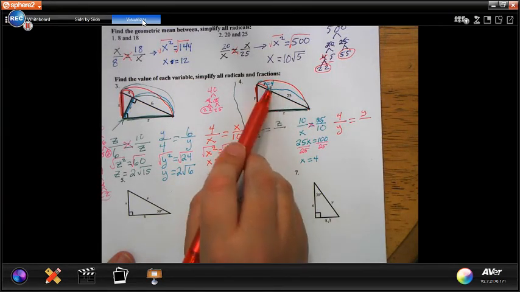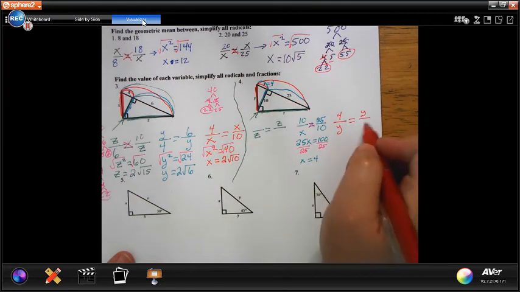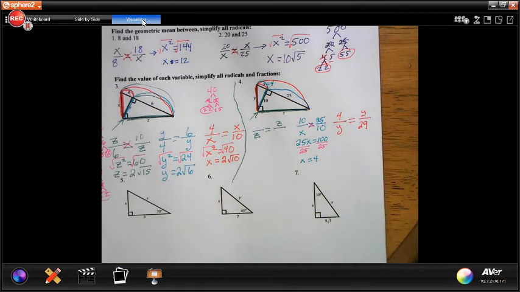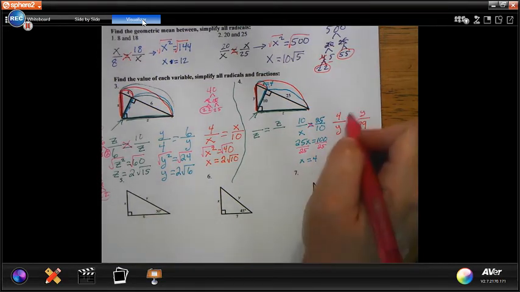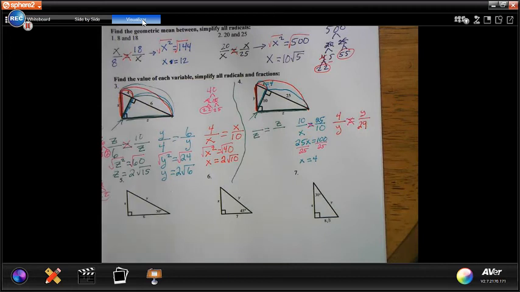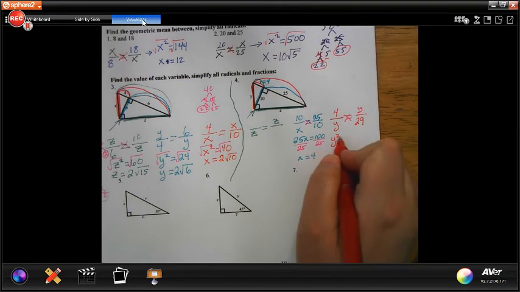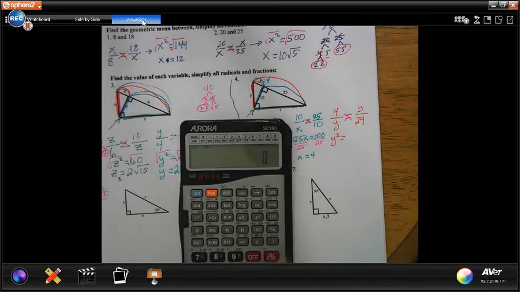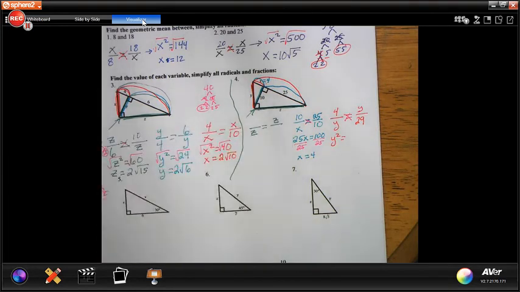They're put together, that's addition. So 4 plus 25 is 29. And then you cross multiply. So I get y squared equals whatever 4 times 29 is, 116.